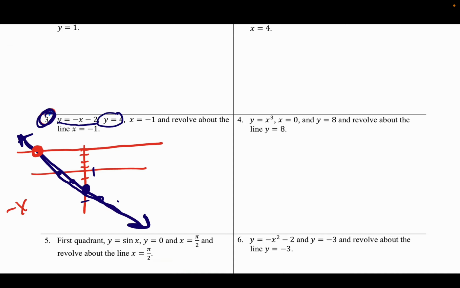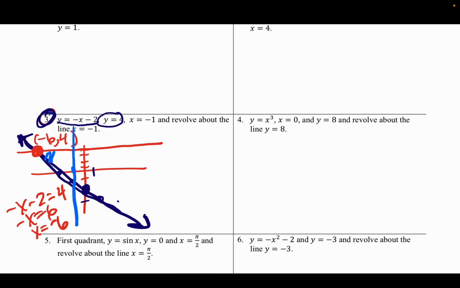So I'm going to say -x minus 2 equals 4, -x equals 6, x equals -6. However, I might need the y point in a minute, so this point is (-6, 4), because it intercepts 4. And the line, we'll do this one in blue, x equals -1.